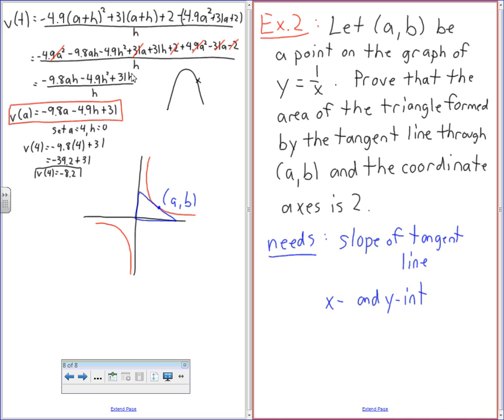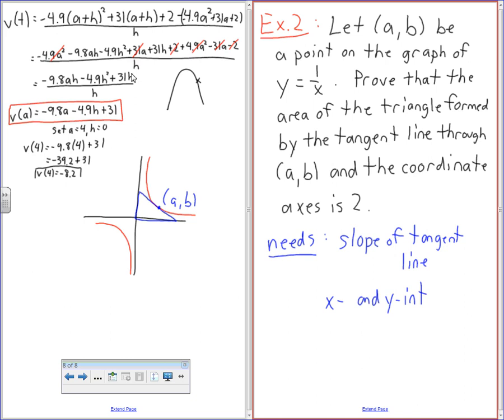Now the reason this question is difficult is because we're not going to be dealing with points like 2 and 3, because we're dealing with points like A and B. Here's the aha moment of this question. I need someone with broad shoulders to raise their hand here in a sec. If x is going to equal A, what will y equal, please? B is the incorrect answer. If x is equal to A, what is y going to be? 1 over A. 1 over A, excellent.